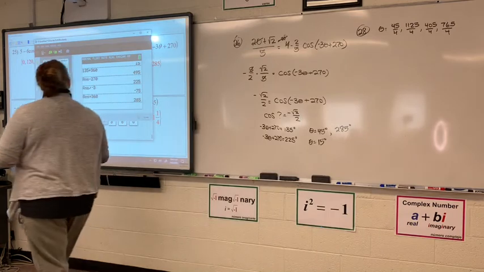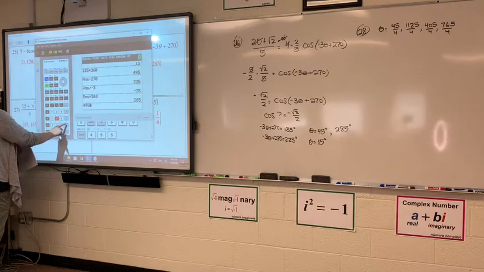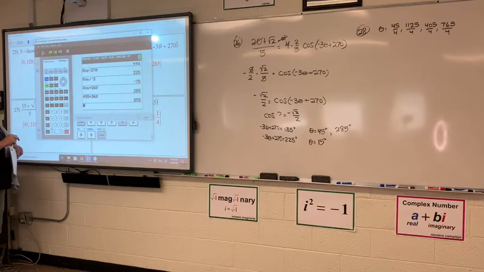Okay. What is that? 495. I'm just going to keep going. Plus 360 with the plussing, even though it would have been better to subtract. But now I'm at 855. All right, so that's the coterminal angle for 135 by 360. Now let's go through the formula.